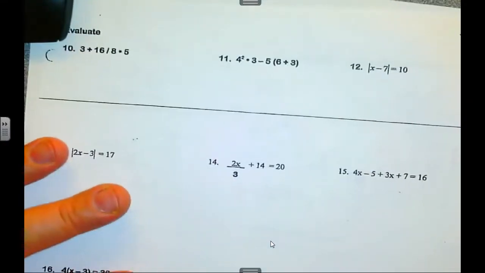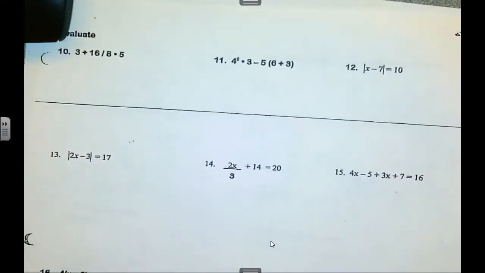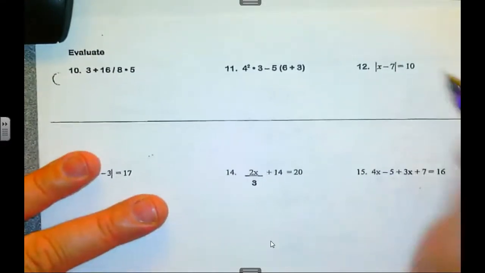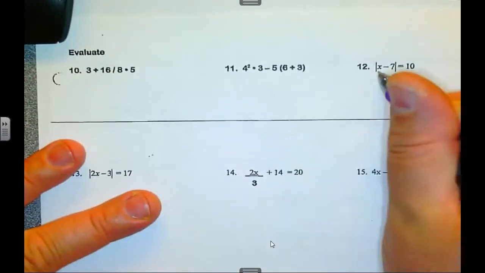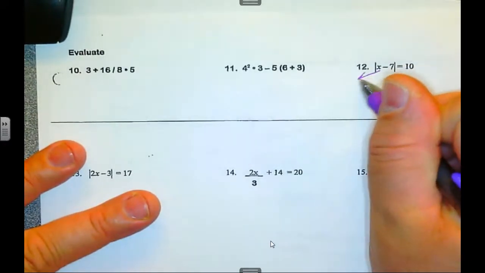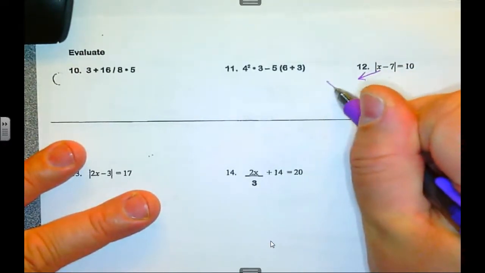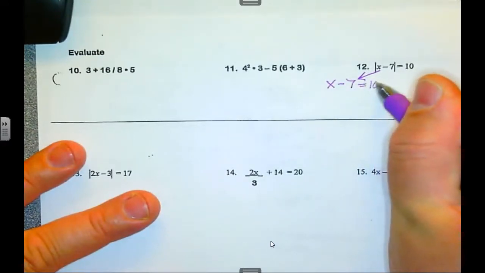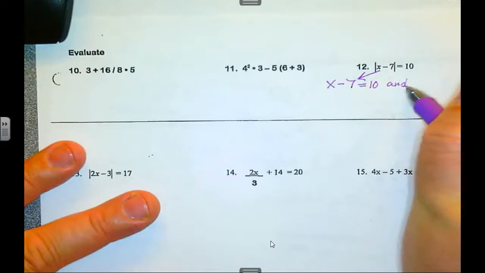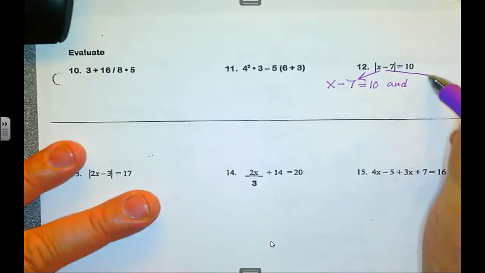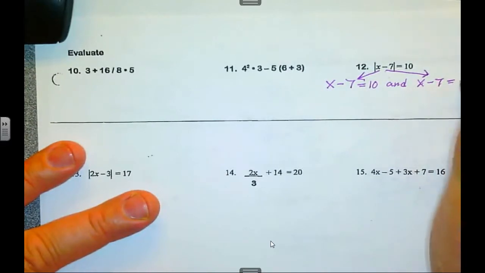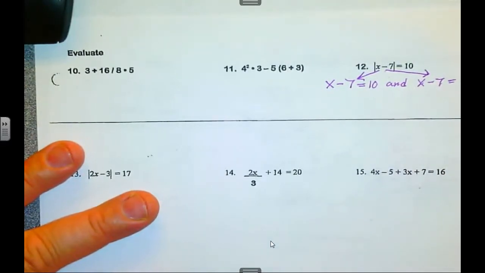Number 12. I have an absolute value equation. I take what's inside, keep everything the same: x minus 7 equals 10, and x minus 7 equals negative 10, the opposite of what's there.